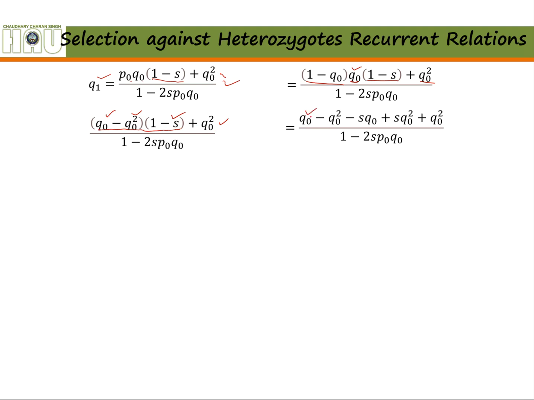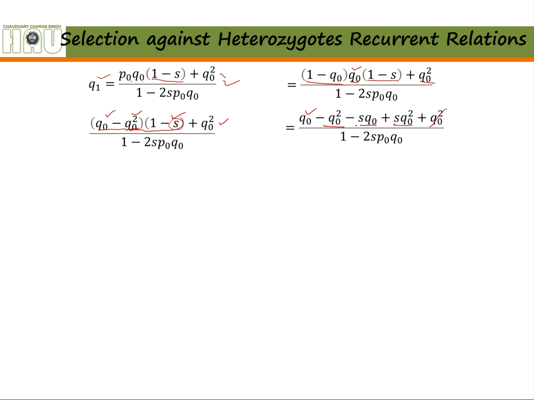And further simplification, if I multiply these two terms, then what do I get? This is Q0. When minus Q0 is multiplied with 1, this is minus Q0 square. When Q0 is multiplied with minus of S, it is minus SQ0. When Q0 is multiplied with this term, you will get minus minus plus SQ0 square plus Q0 square.